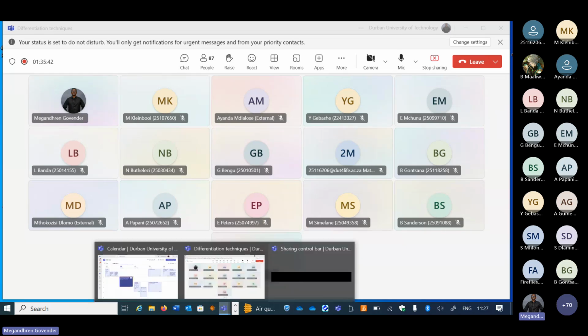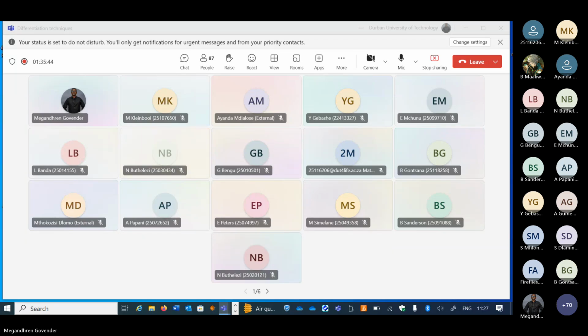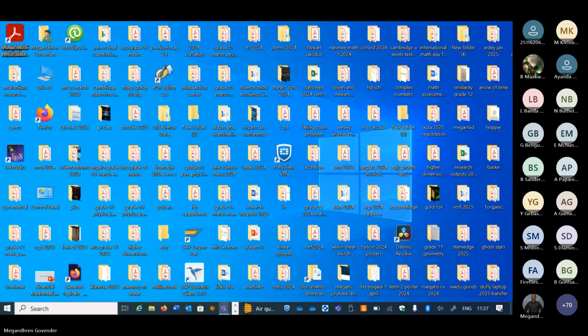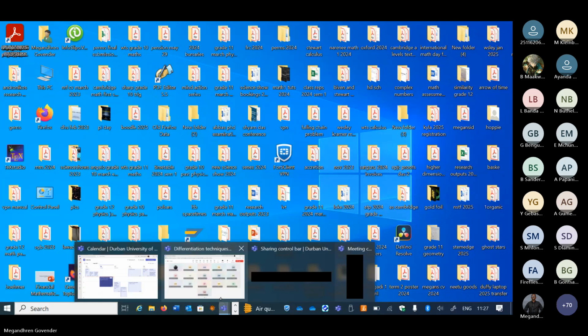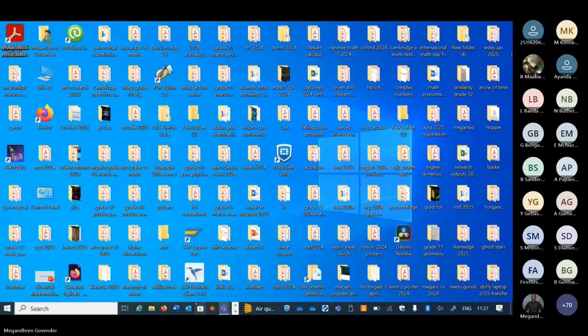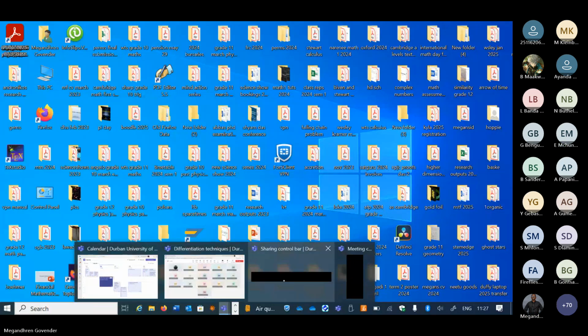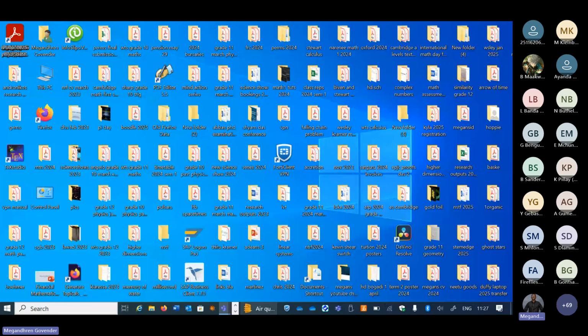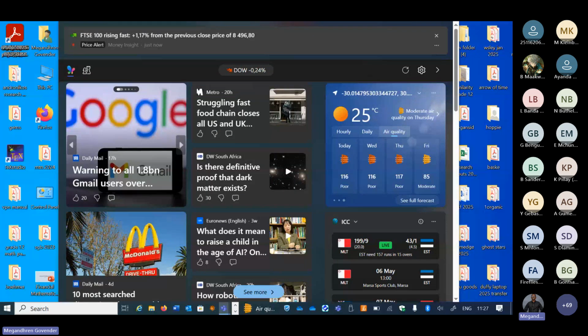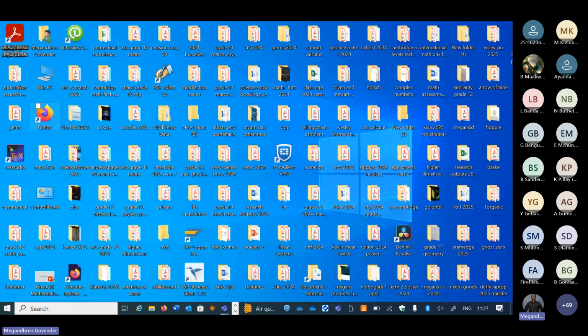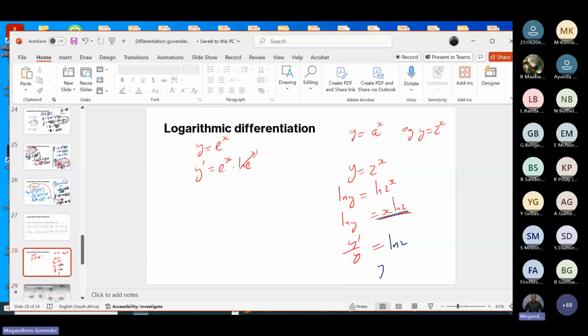So what happened to my screen? Don't know what happened to my screen. Guys, can you see my screen at the moment? Yes. It says you are sharing screen, but I don't know what's happening. I want to get back to, oh, there we go.